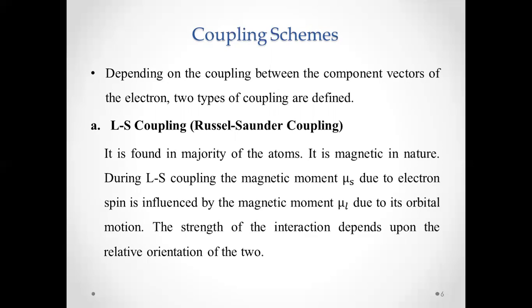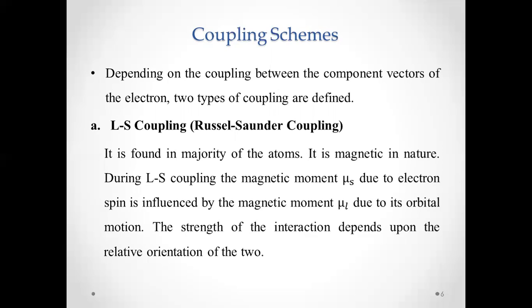During LS coupling, the magnetic moment μs due to electron spin is influenced by the magnetic moment μl due to its orbital motion.